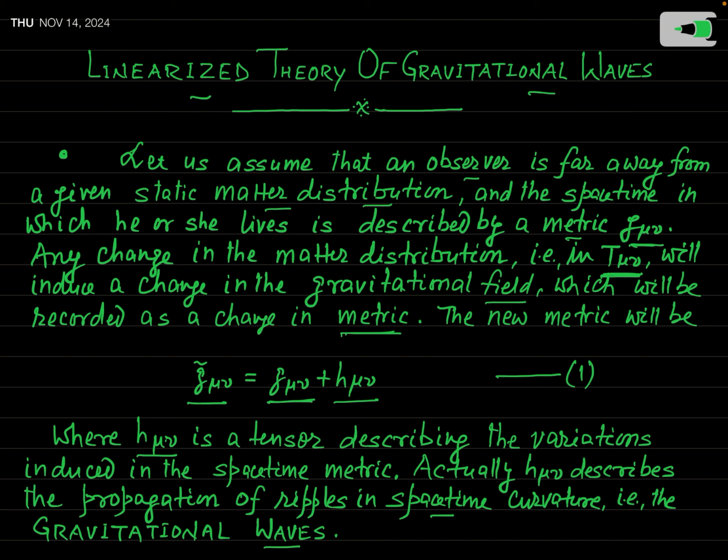Gravitational waves. So as I have told you earlier, we are going to see the linearized theory of gravitational waves, which is caused due to the change in gravitational field due to any change in mass distribution.